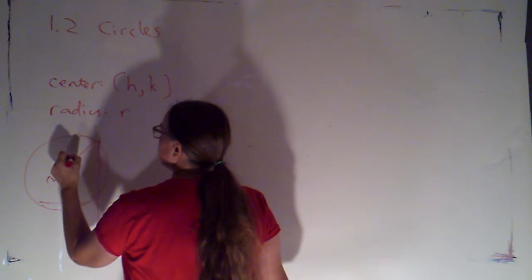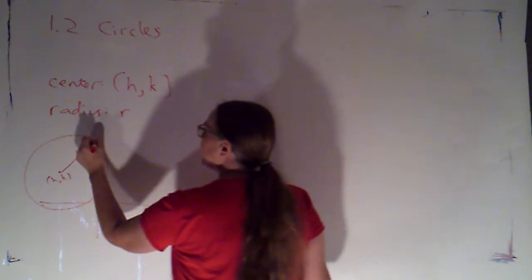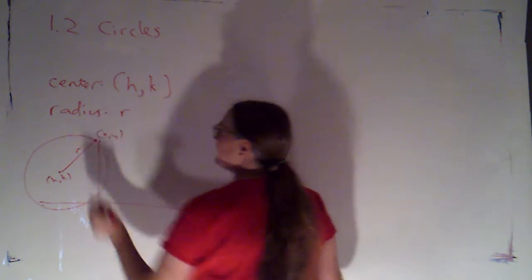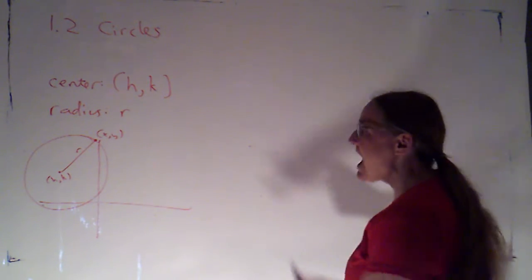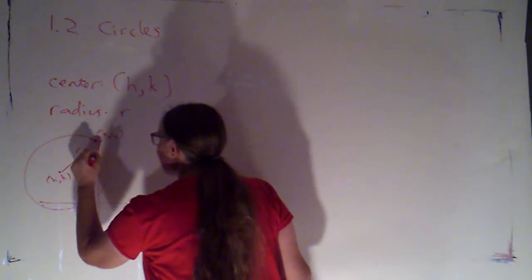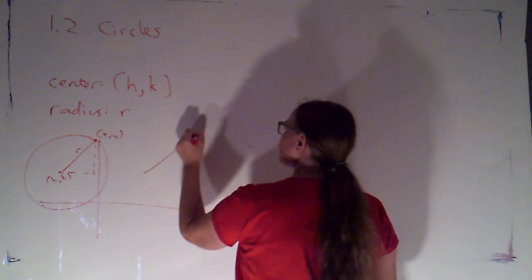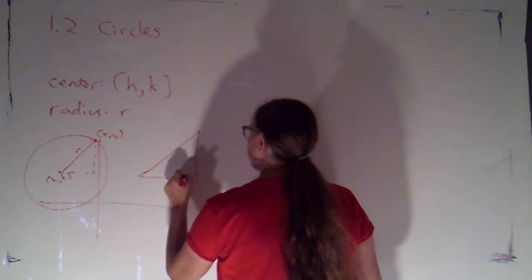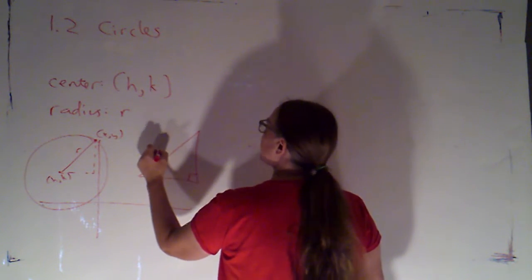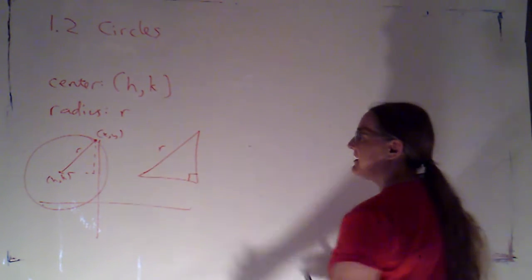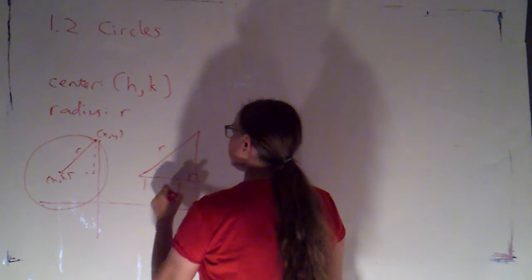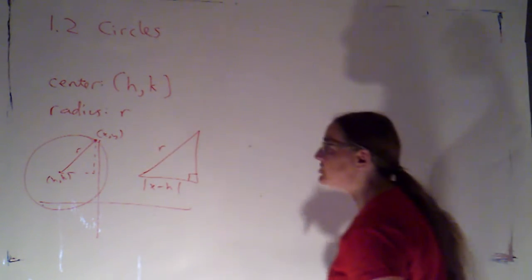Okay, so that distance has to be r, and there's a point (x, y). Okay, right there, I get my Pythagorean theorem. Now that triangle would have r as the hypotenuse. This leg would be the absolute value of x minus h.